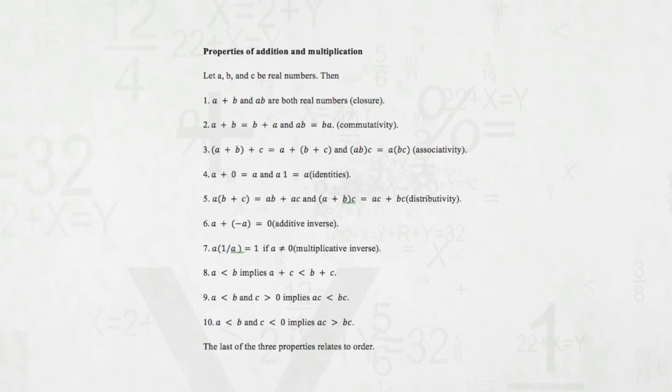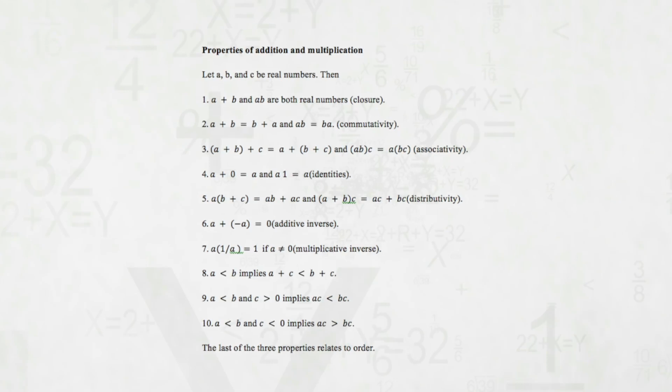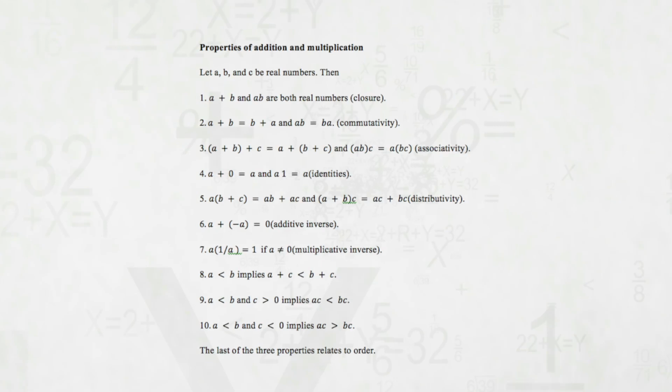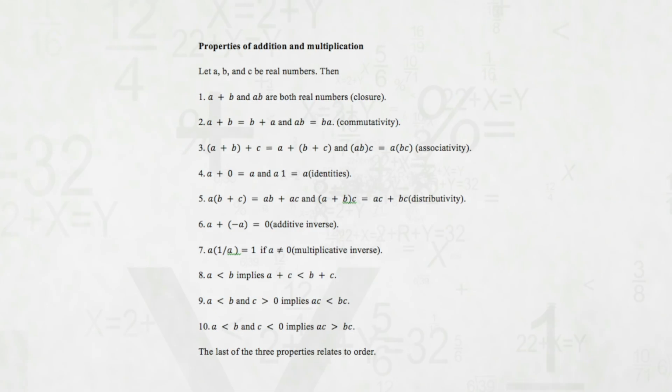The second one is commutativity: a plus b is equal to b plus a, and ab is equal to ba. The third one is associativity: a plus b plus c is equal to a plus b plus c, and ab multiplied by c is equal to a multiplied by bc.